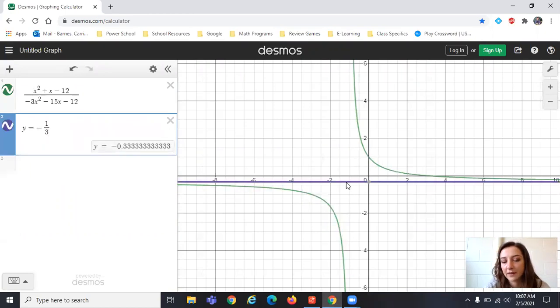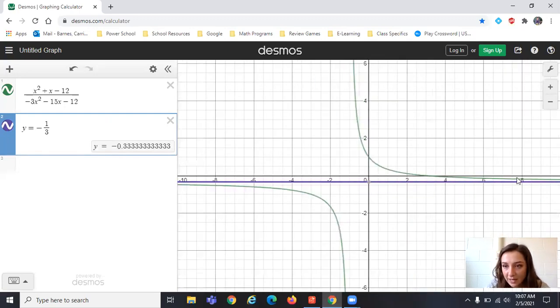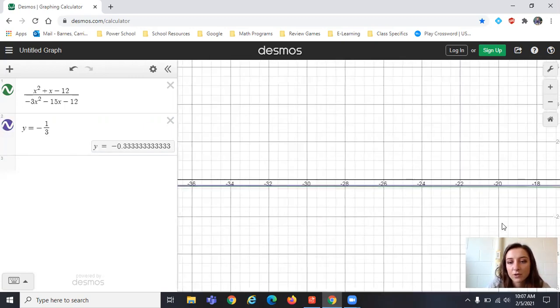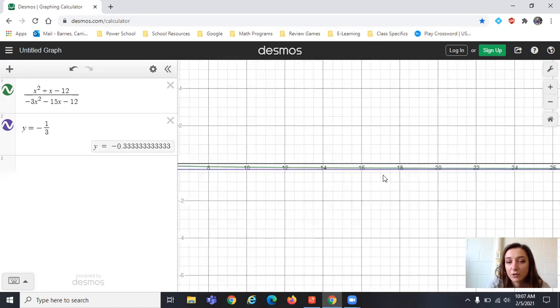And you can see that it does fill in that gap there. But both of the ends are going towards that line there that we just had. So if I look on the negative side, it's getting really, really close to that -1/3. And the same thing if I look on the right side, it's also getting close to that -1/3.